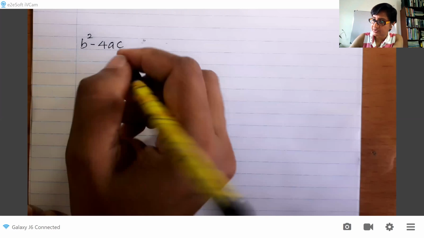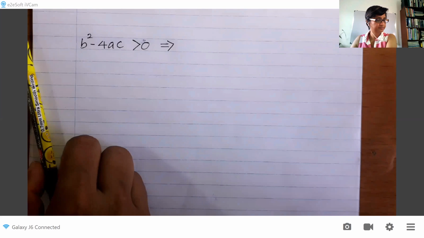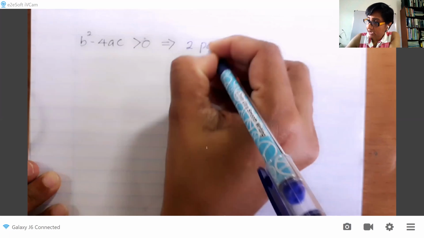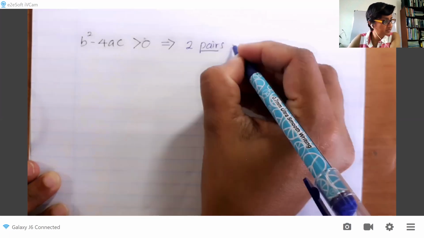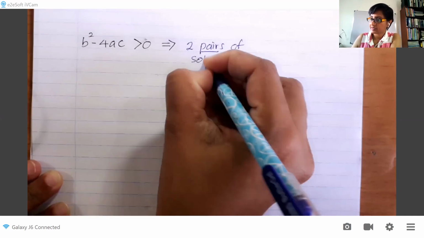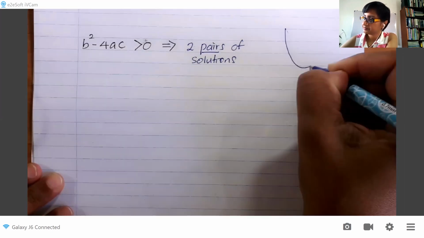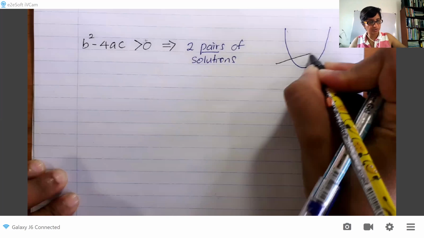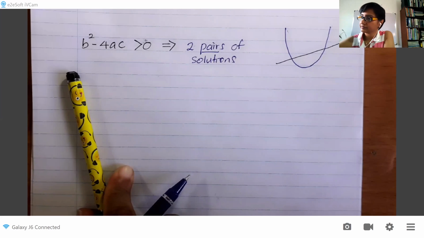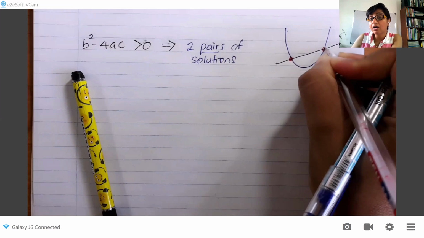If it is greater than 0, that means we get 2 pairs of solutions. That means your parabola and your line are cutting at 2 points. Your intersecting points are your solutions.